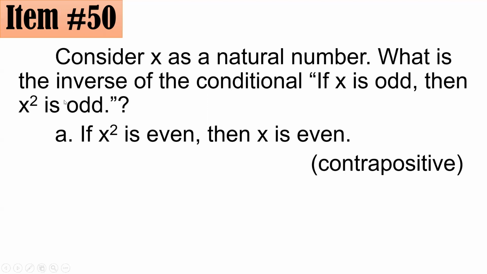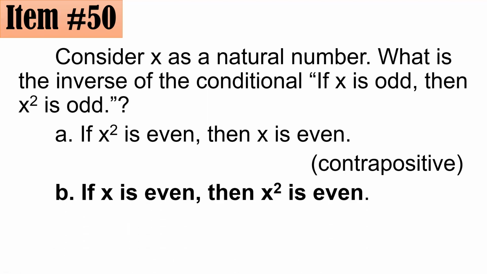Halimbawa, yung conclusion niya x squared is odd, yung negation nito ay x squared is even. So nauna po siya: if x squared is even, then x is even, followed by the negation of your premise. Contrapositive po yan. Yung tamang sagot po ay actually B.